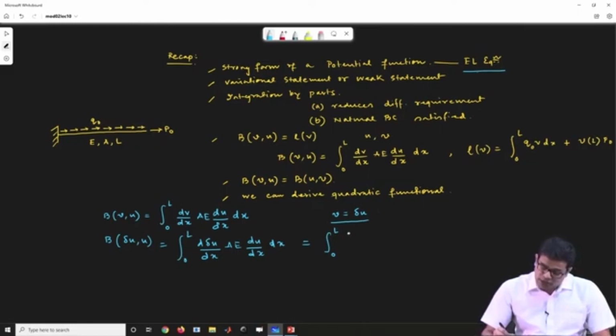Now I can use the property of the delta operator, that it commutes with the differential operator, so this is delta of du/dx. If it is a symmetric bilinear form, then I can take this delta outside and write this as AE by 2 into du/dx whole square.